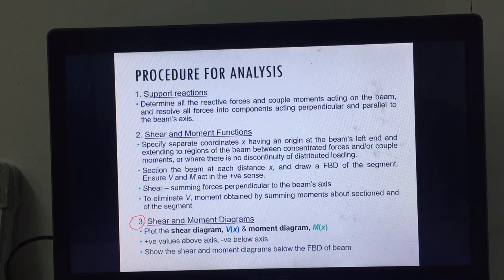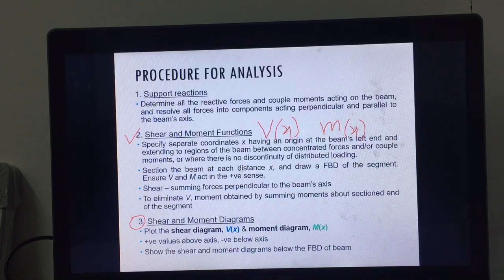Find the support reactions accordingly, and then you have to express or write the shear and moment functions, which means V(x) and M(x): shear force and bending moment. Shear force is V(x), bending moment function is M(x).